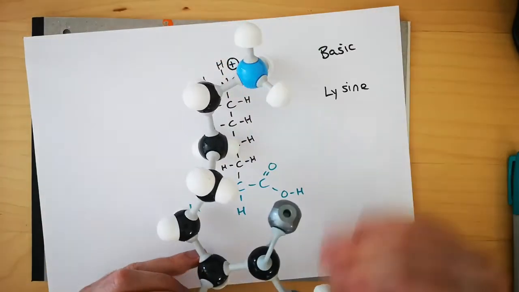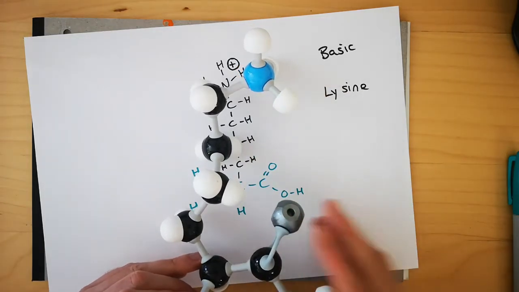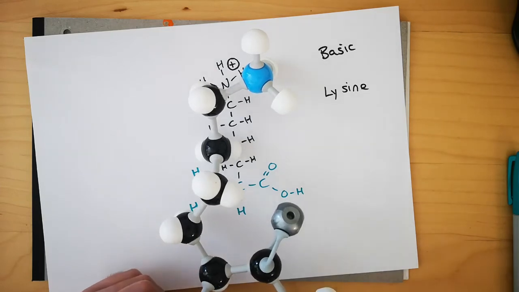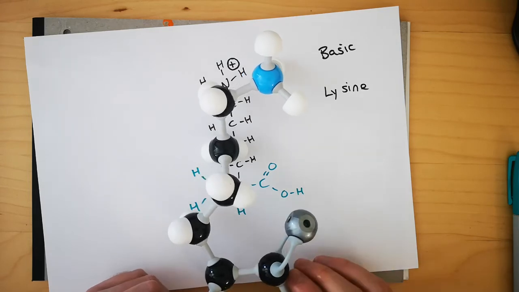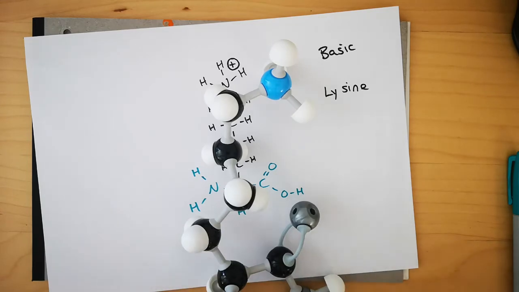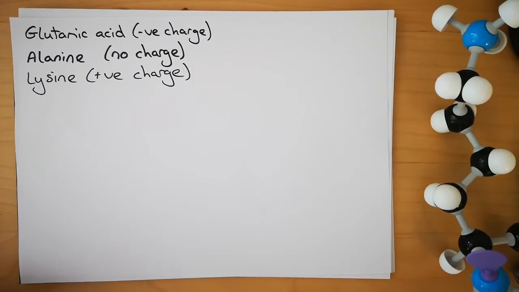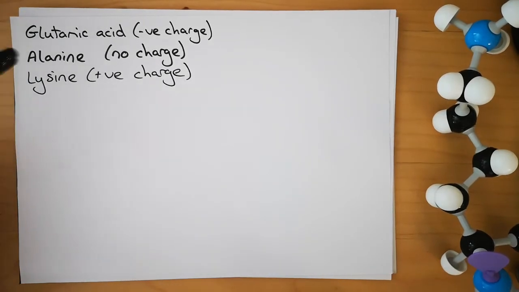And we are going to take a very quick look at how these 2 amino acids, the glutamic acid and the lysine, can play off against each other and form an interesting little bond that will help determine the eventual shape of our protein. Okay, so for this example, I'm going to take glutamic acid, alanine and lysine, and we're going to bond them together in an extremely short peptide chain.